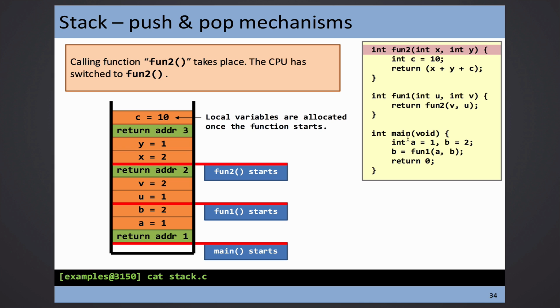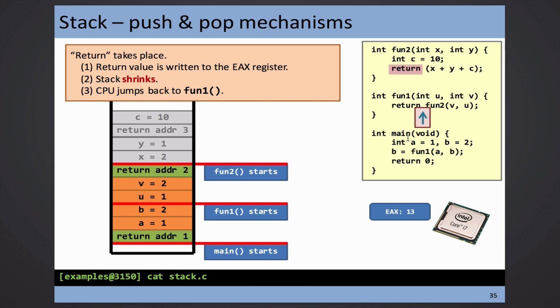When you return, you set the register called EAX in the Intel CPU to 13, and declare that I'm ready to return. And where to return? Follow this return address number 3, go to this location, and continue to execute the remaining part of function 1.